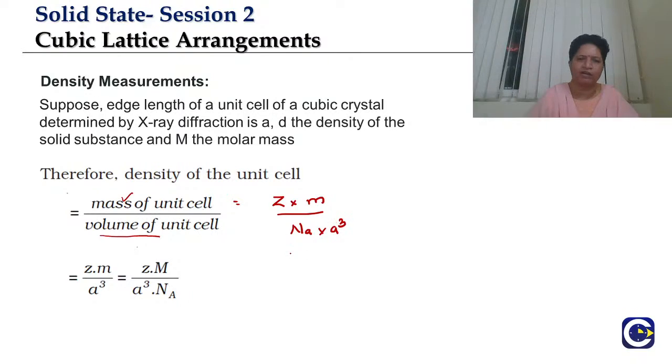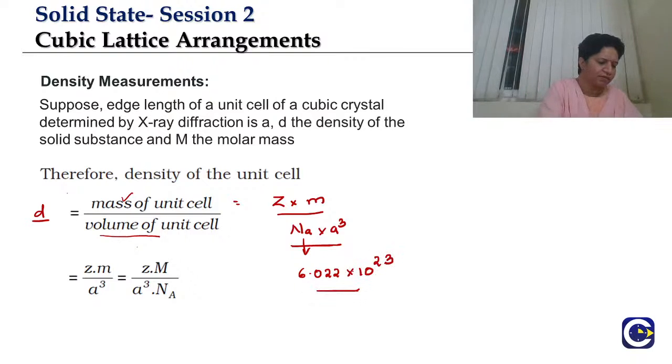So this formula gives us how to calculate the density. The only constant we have is the Avogadro number. What is that? 6.022 into 10 power 23. Let's see a few calculations on the density.